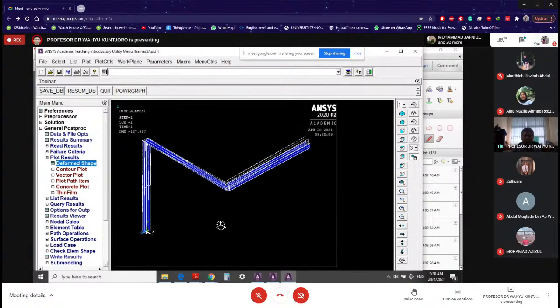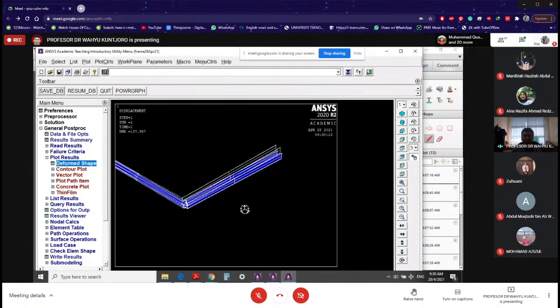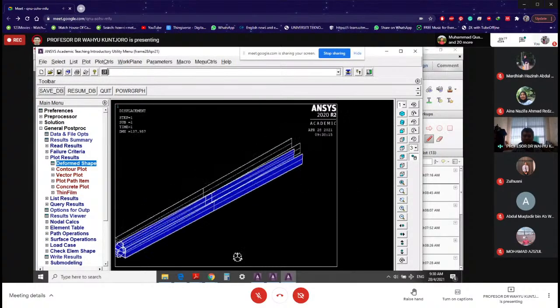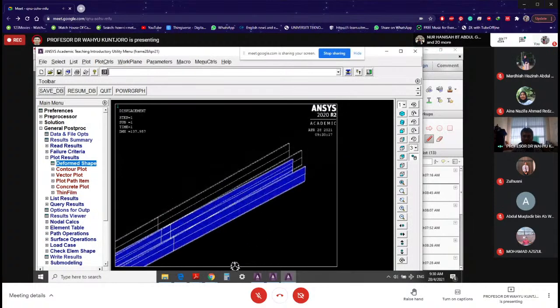So you see here, I hope you see that we have over here the displacement. The magnitude of displacement is 137 millimeter. So you see here that it is slightly more than 13 centimeter.